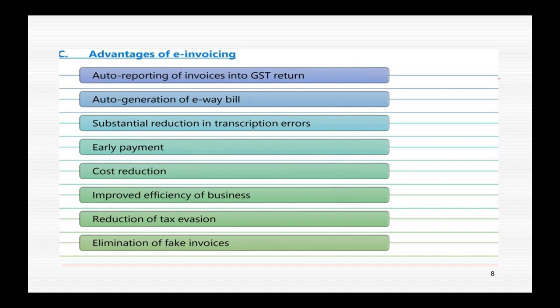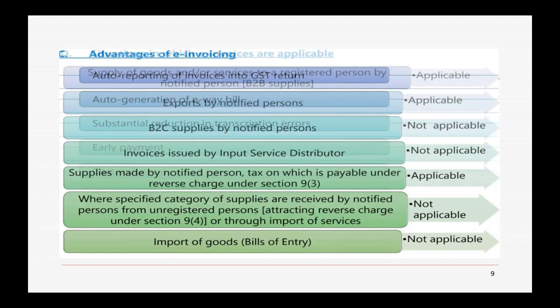The tax invoice and e-way bill are linked with each other, which we will also discuss. The benefits are substantial reduction in transcription errors, early payment, cost reduction, improved efficiency, and reduction of tax evasion, which is actually the only intent, and it will eliminate fake invoices.